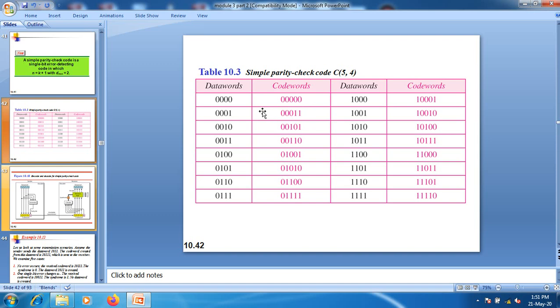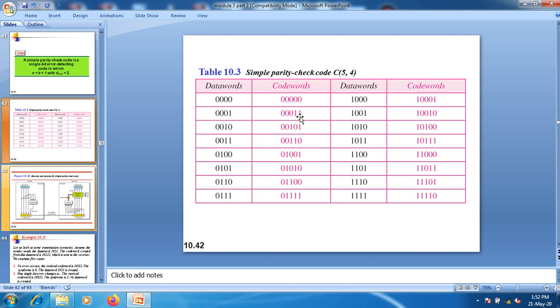In such a manner I need to select this parity bit. We have all 4 bits as 0 here, so I am computing this parity bit as 0. The next one has the bits 0 0 0 1, and we are computing a parity bit as 1 here.